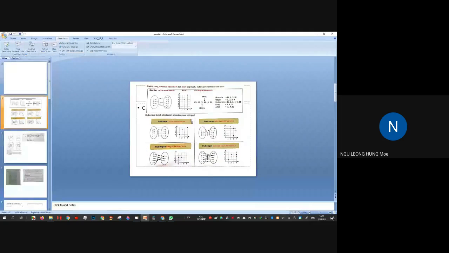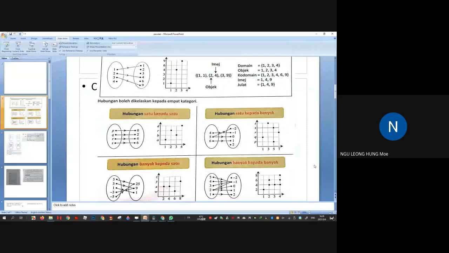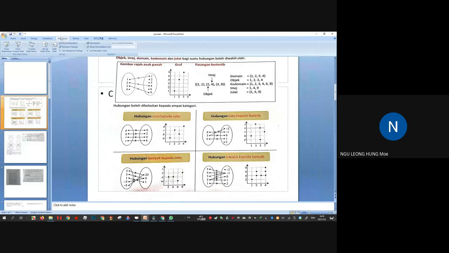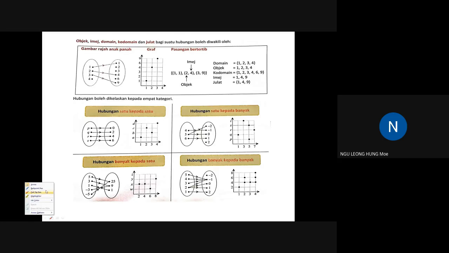Okay. You see, domain 1, 2, 3, 4, object 1, 2, 3, 4. Codomain is all the numbers here, but image is only 1, 4, 9.